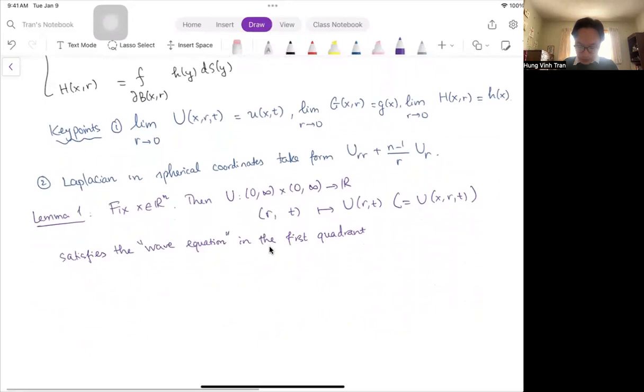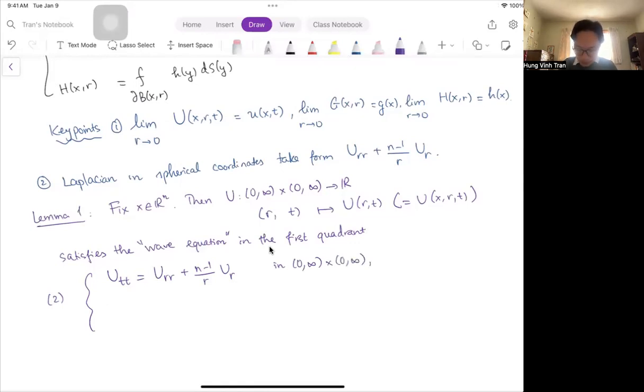Okay, let me write down equation 2 here, that u_tt equals u_rr plus (n minus 1) over r times u_r. So it's not exactly the wave equation, it's a modified wave equation because we have this (n minus 1) over r times u_r, right? This is satisfied in the first quadrant, (0, infinity) times (0, infinity).